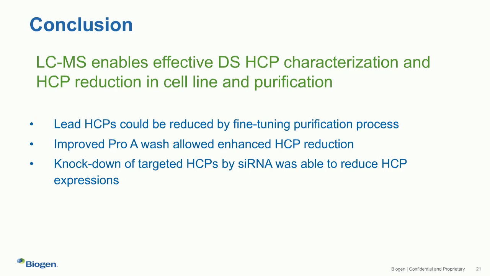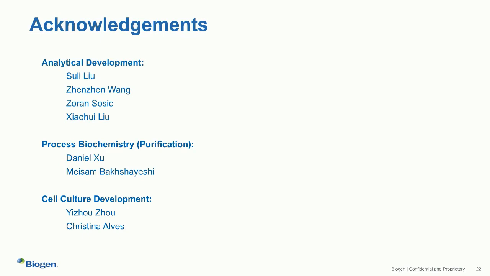For these hard-to-remove host cell proteins, we can also use the siRNA technique to knock down their expression level and cause less burden to the downstream purification process. With that, I would like to thank all the people involved in these experiments. Okay, that's it. Now I want to give the control back to Sri.